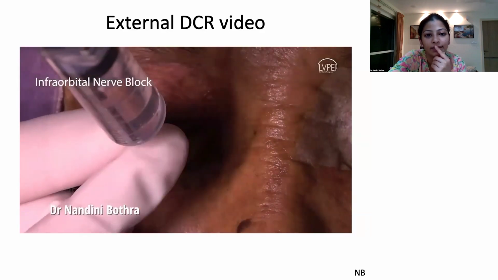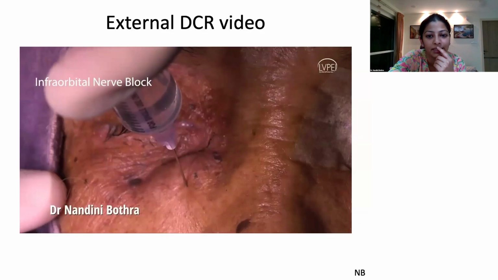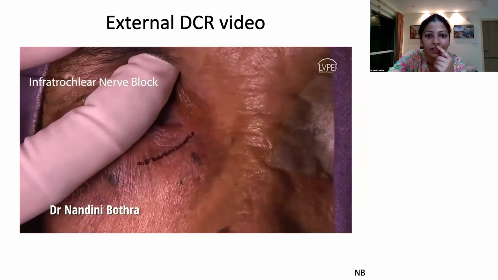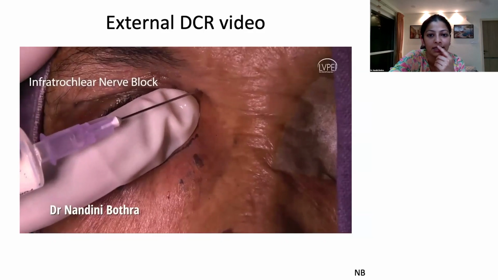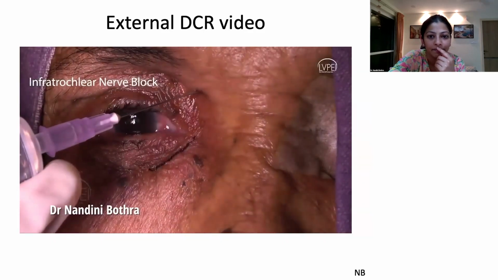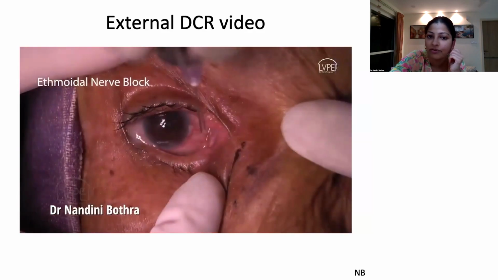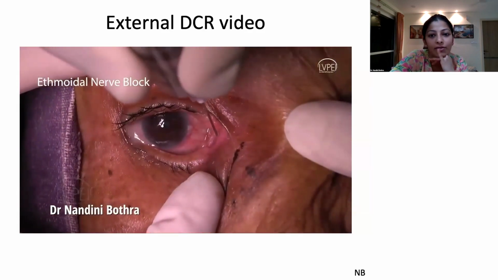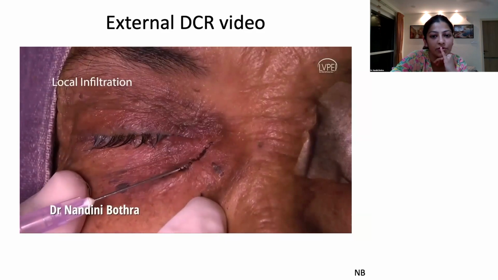When you're doing it under local, you need to give certain nerve blocks like the infraorbital nerve block, then the infratrochlear nerve block, which is midway between the supraorbital and the glabella. So you inject a little bit in that area for an infratrochlear nerve block. Then you give an ethmoidal nerve block so that the patient is comfortable during surgery.